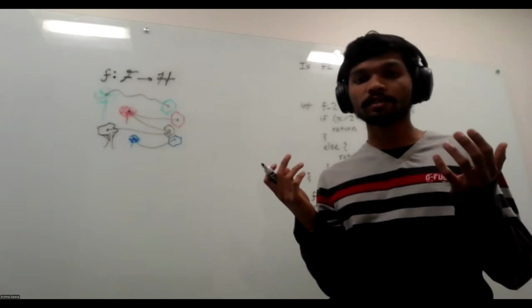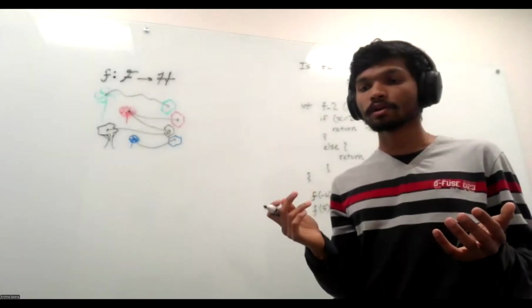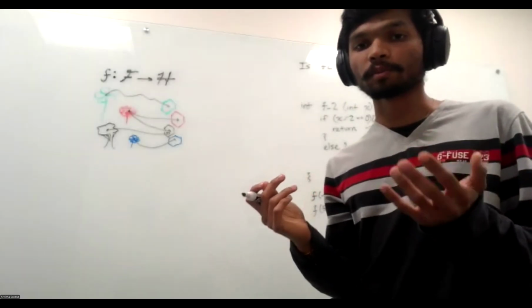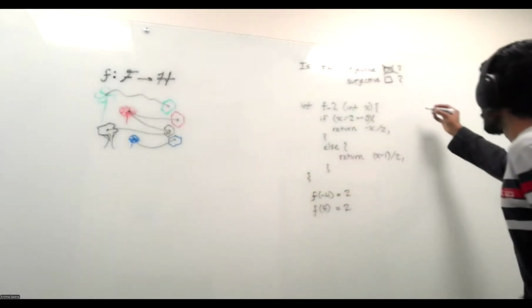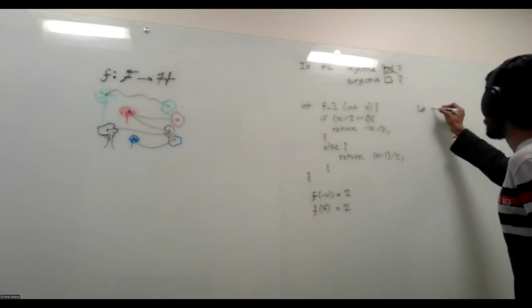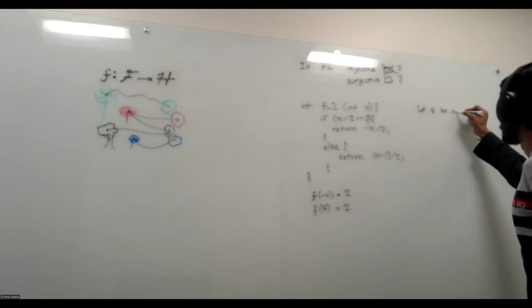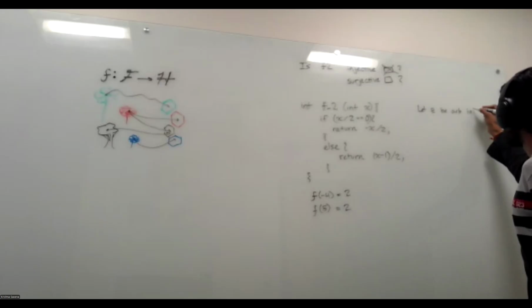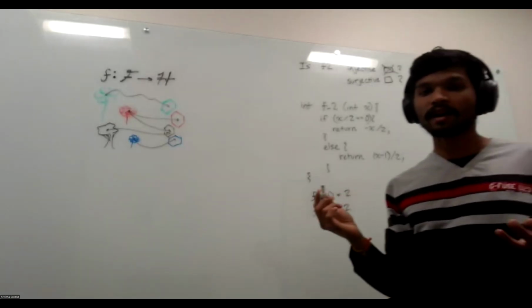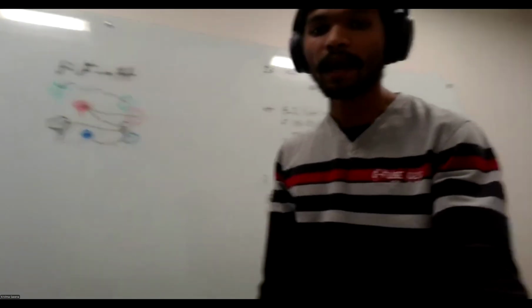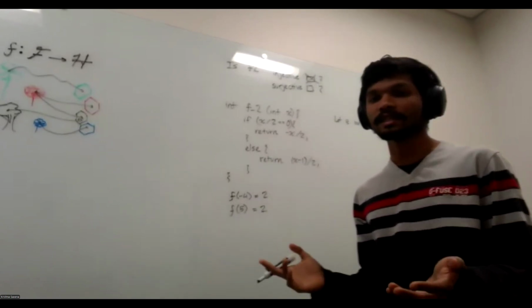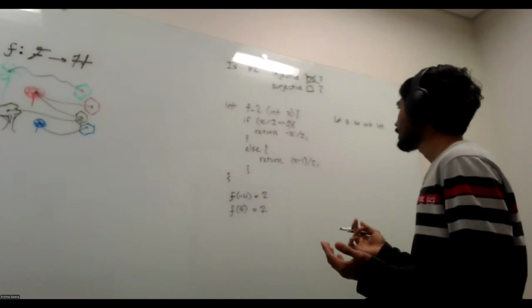How about, is f2 surjective? We'll do this one a bit more formally and say let little z be an arbitrary integer. Can we find any integer input to f2 such that f2 of x equals z?